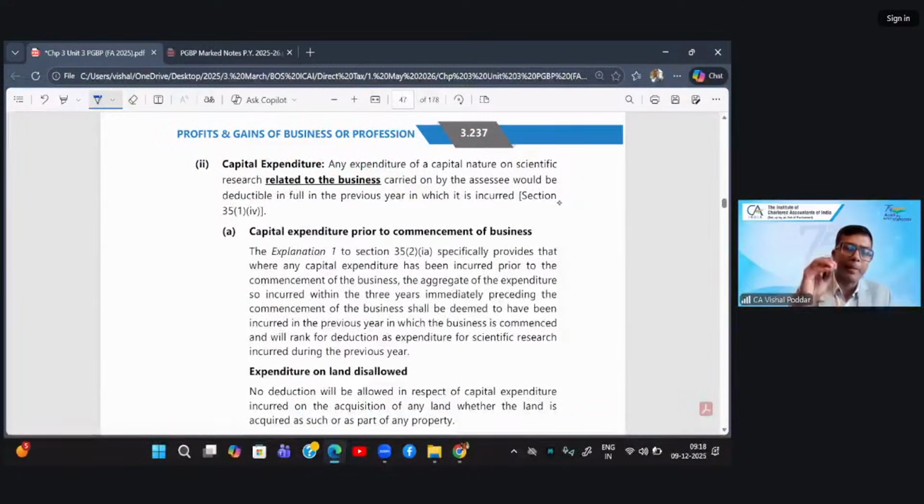Importantly, even capital expenses are allowed. Very, very important. But whenever we say capital, you should always remember there is no deduction for land. So neither under depreciation nor under scientific research can you claim deduction for land. Similarly, even preliminary scientific research is allowed.